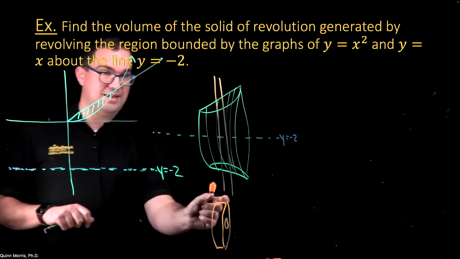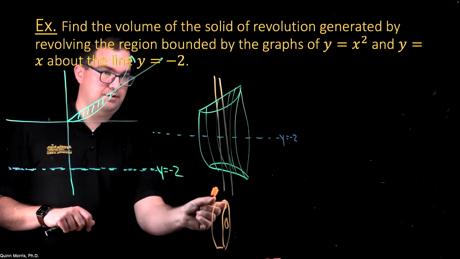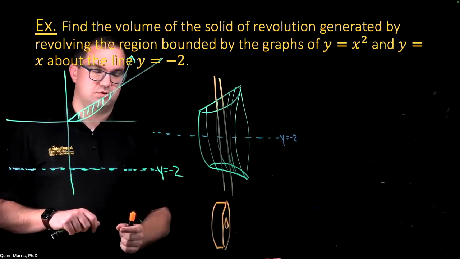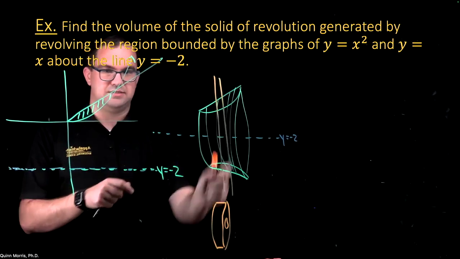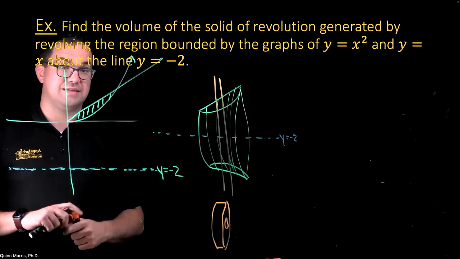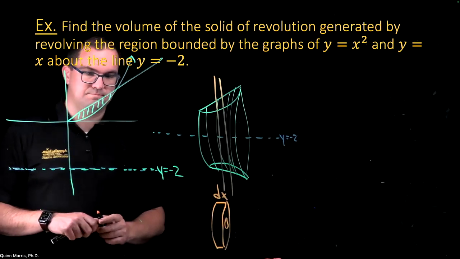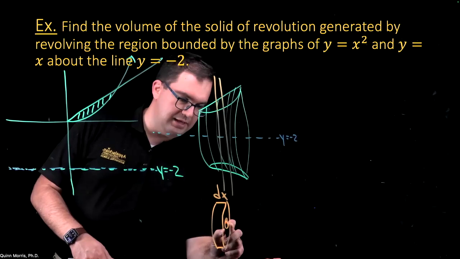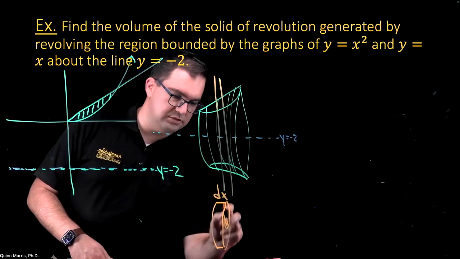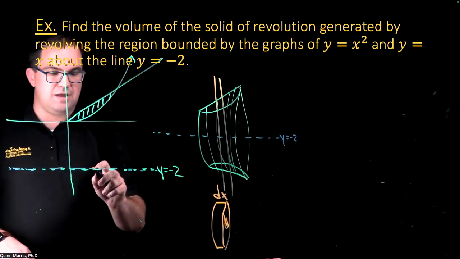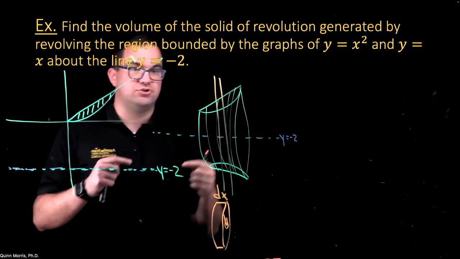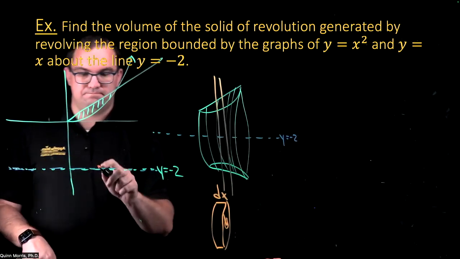Now, the height of that washer, right? Height is going to be a little slice of my x-axis. So that's going to be dx. And now what I'm going to need is the inside radius and the outside radius. So the inside radius, the radius is measured from the axis of rotation.